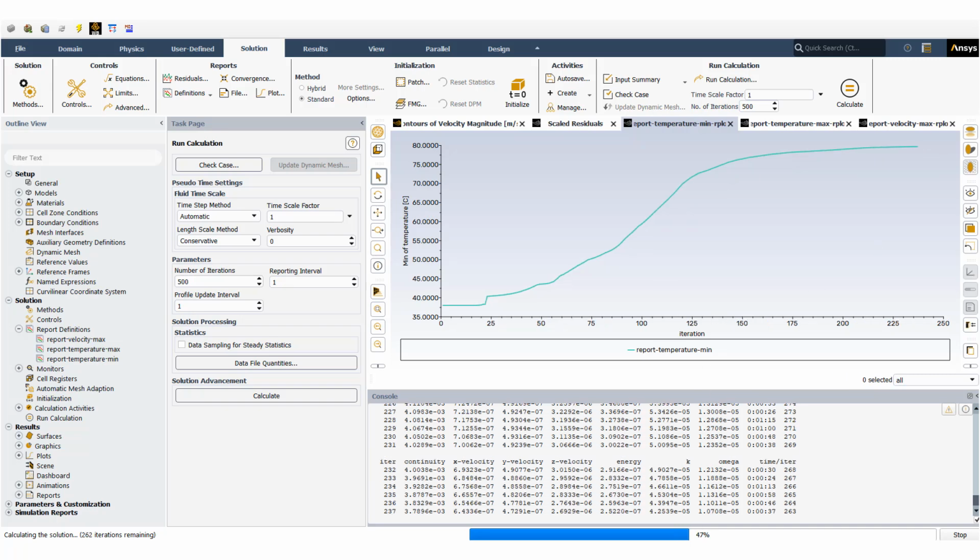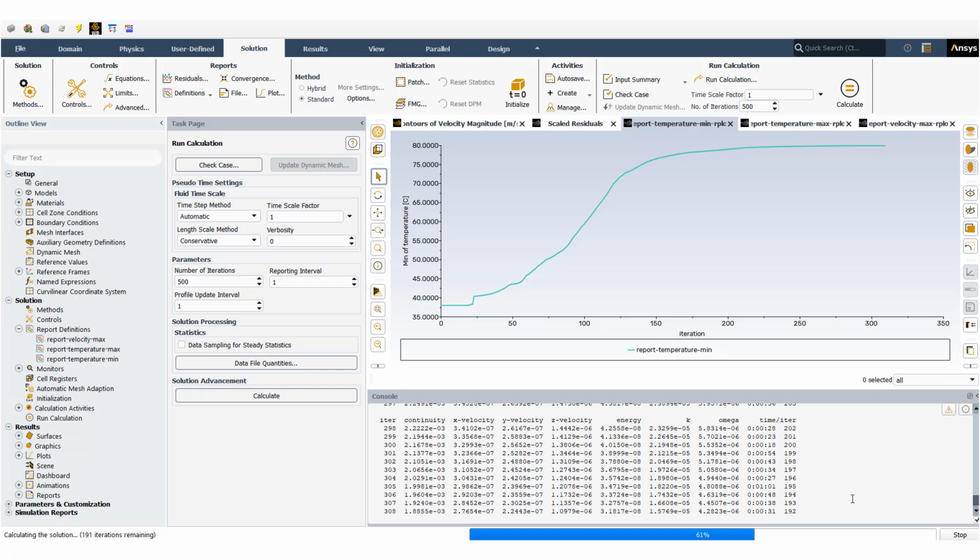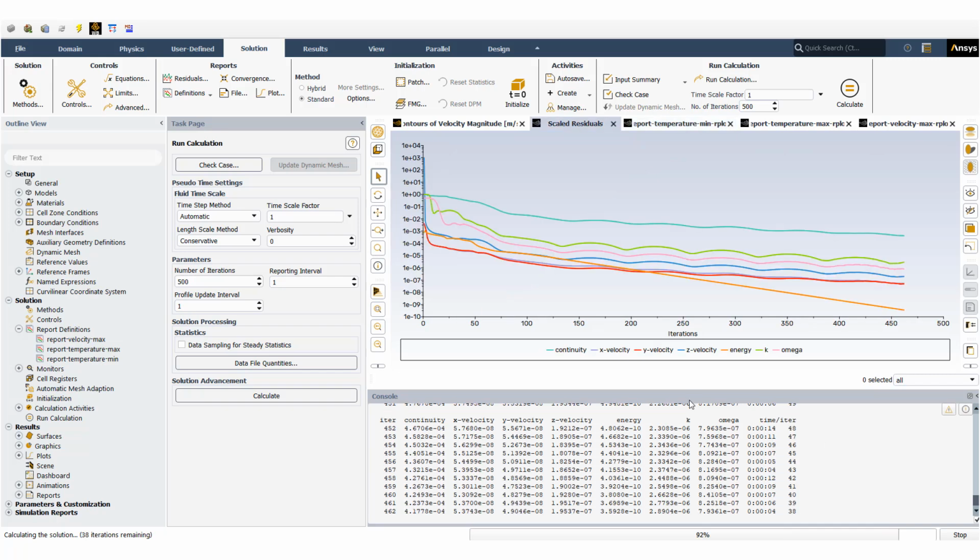So almost 50% done. I will be back to you when the solution is done for 100%. Now we are getting to the end, 95%.